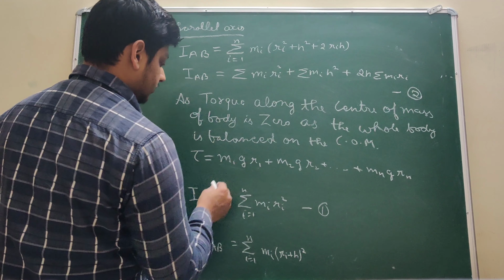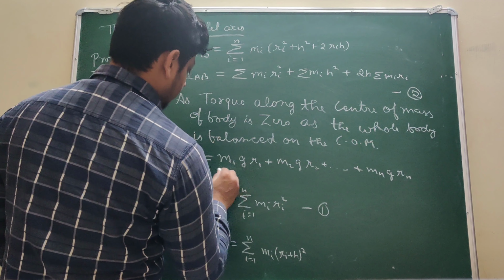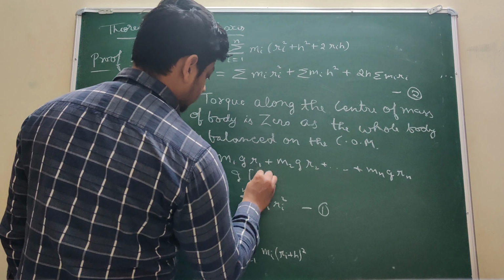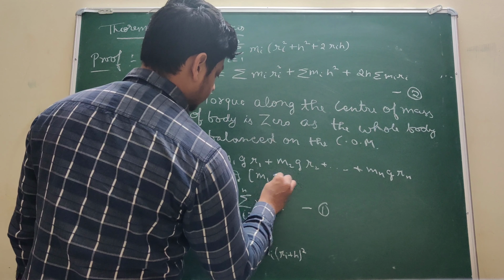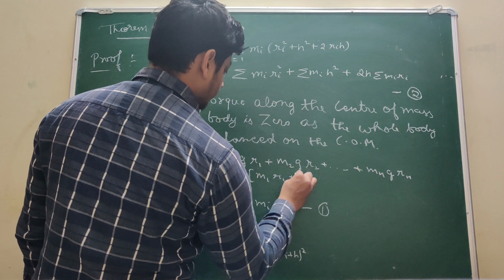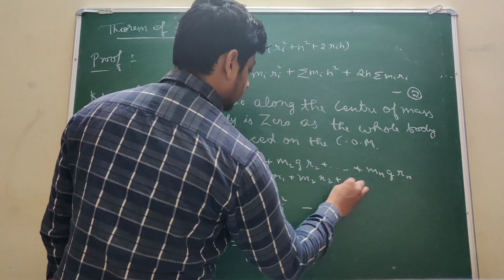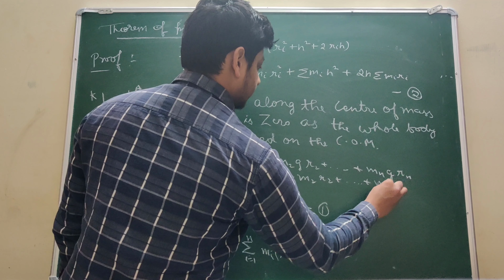From here we'll take g common, so we get this equation.